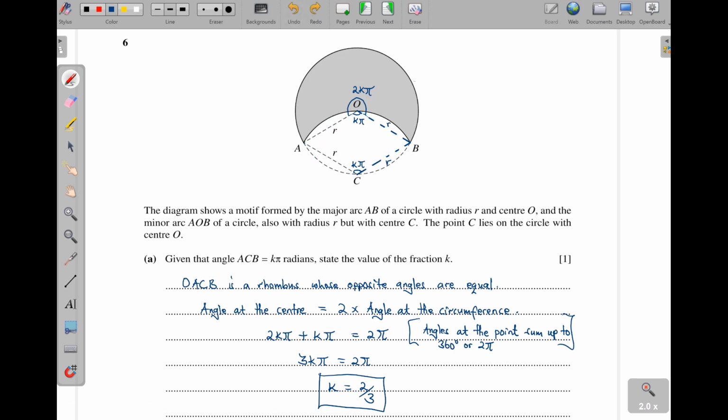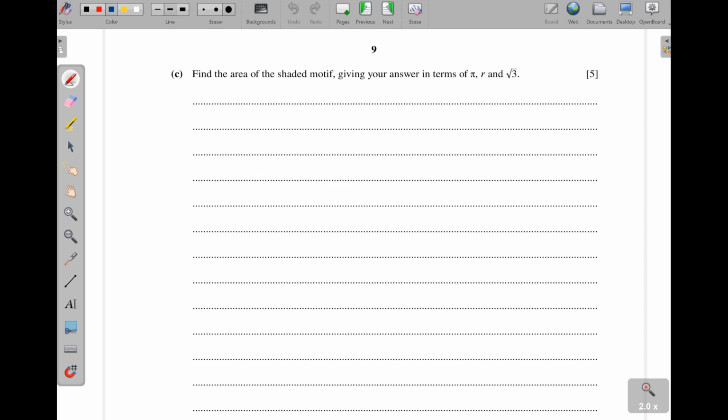So we shall say shaded area is equal to area of big circle, then minus the area of the rhombus, then plus 4 times area of the other small segments whose center is C.